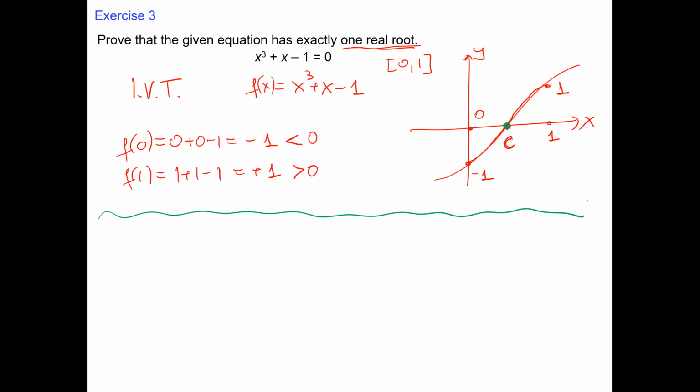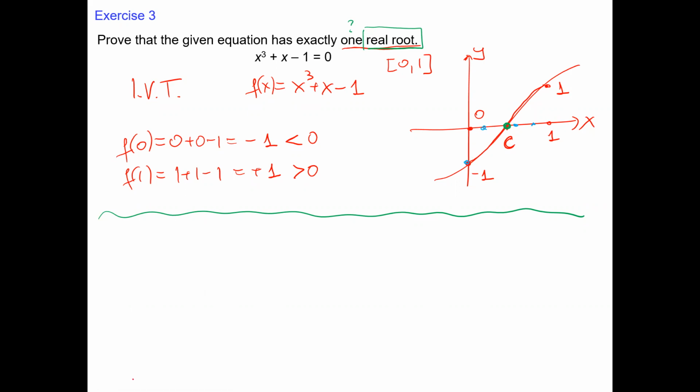But now we have to be careful. This is just proving that a real root exists. I still don't know if this is the only one, because maybe the function intersects a couple of times, 1, 2, 3. We don't know how this third degree polynomial behaves.